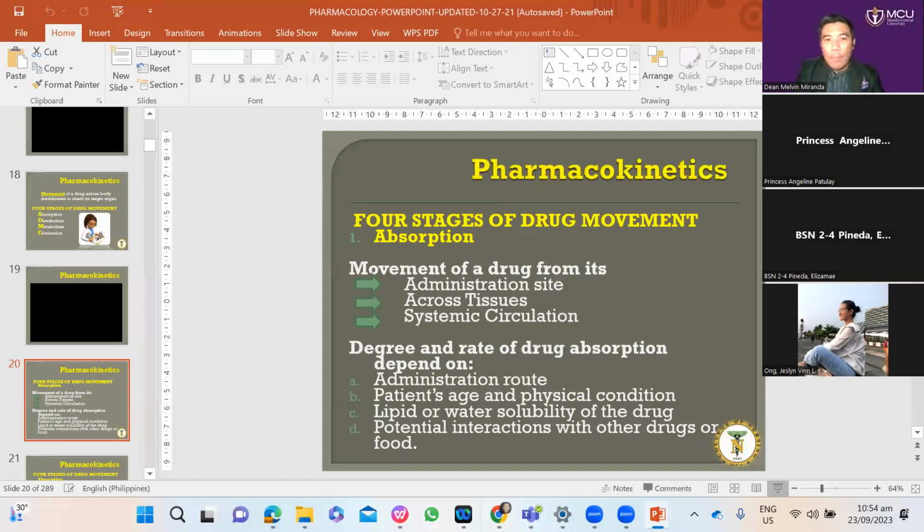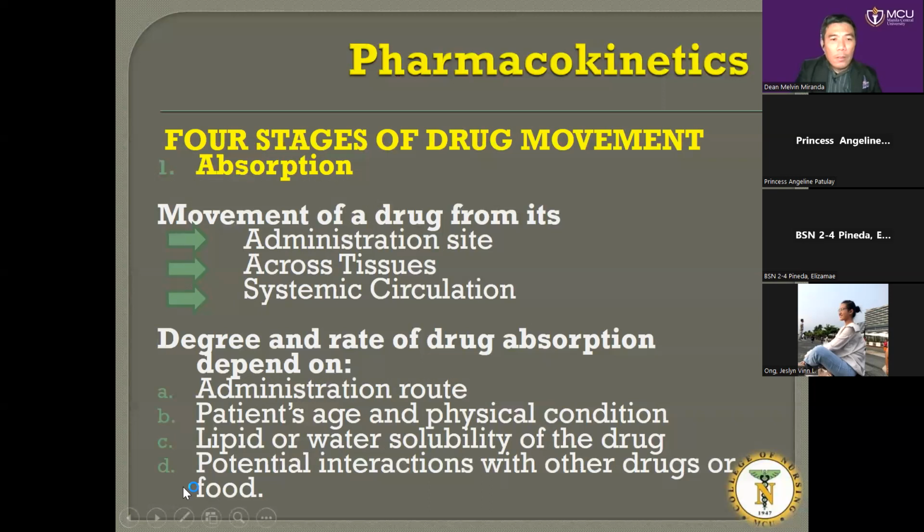On the perspective of absorption, as I have mentioned, I am reiterating to all of you that in the administration site, you must consider it. So it is greatly dependent on the administration site and the time.